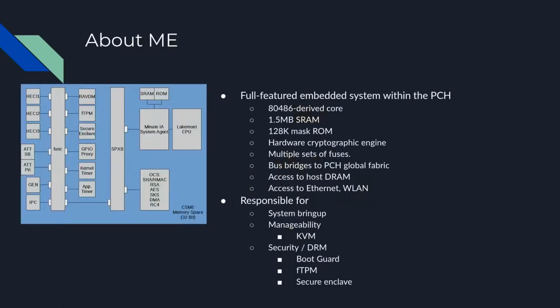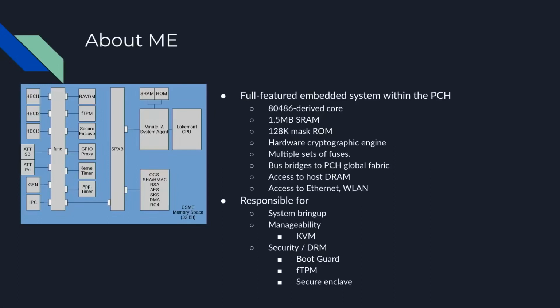So yeah, a bit more detail. The CPU it runs is based on the 8486, which is funny. It's quite an old CPU, and it's still being used in almost every computer nowadays. So it has a little bit of its own RAM. It has quite a bit of built-in ROM.